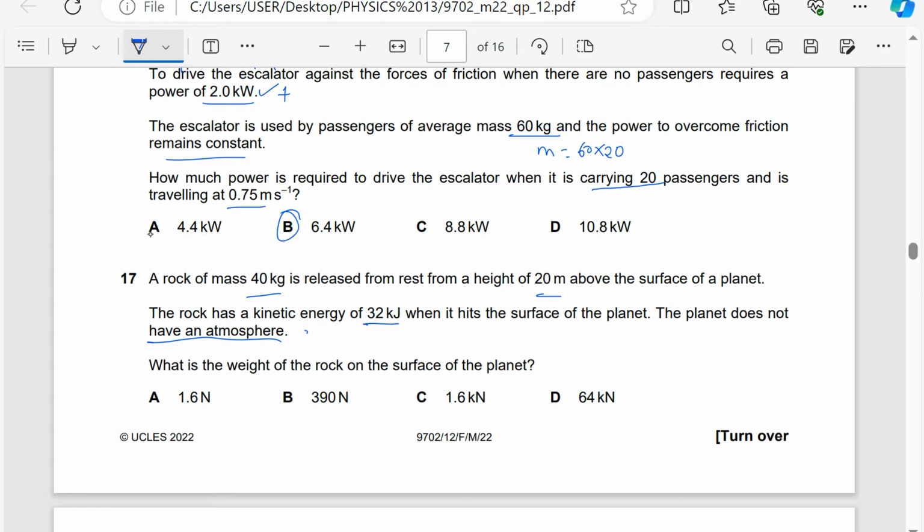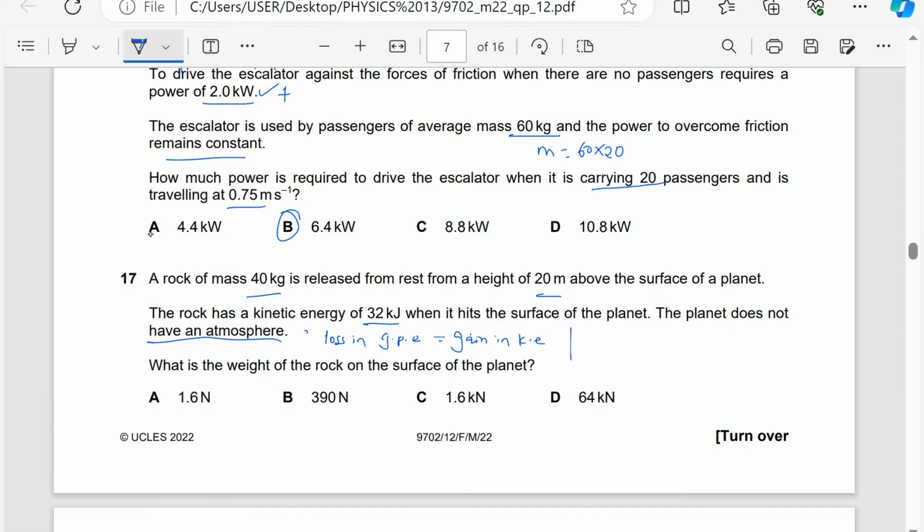So it is released from a certain height. It loses gravitational potential energy. So I will say the loss in gravitational potential energy should be equal to the gain in kinetic energy.